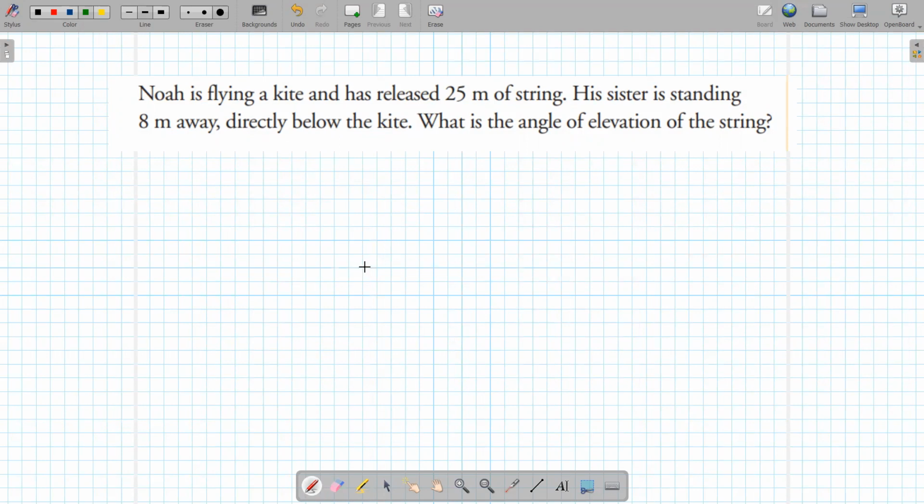Alrighty, he's flying a kite and he has released 25 meters of string. Okay, 25 meters of string. Is that the height of the triangle, or is it the hypotenuse? Is it the base? Remember, he's flying a kite.